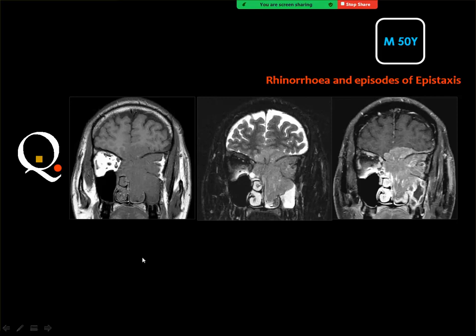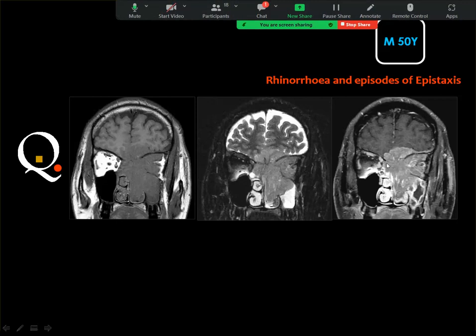Whenever you are asked about the differential diagnosis of a lesion that is involving the ethmoidal air cells with intracranial extension and orbital extension as well, this location is suitable for esthesioneuroblastoma, which is also known as olfactory neuroblastoma. But many times squamous cell carcinoma can do so. Skull-base meningioma can also do so. Skull-base metastasis and lymphoma all can be included in the differential diagnosis.